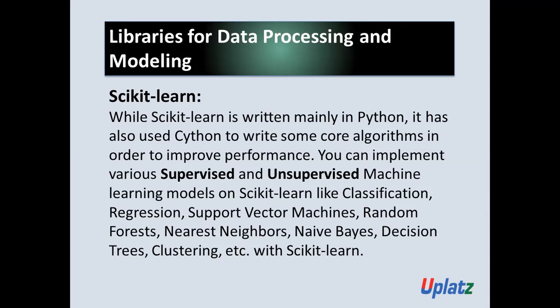So you might be thinking, what is this classification? What is this regression? What is this support vector machine? All these are algorithms which fall under supervised and unsupervised machine learning. For example, classification and regression are algorithms which fall under supervised machine learning.